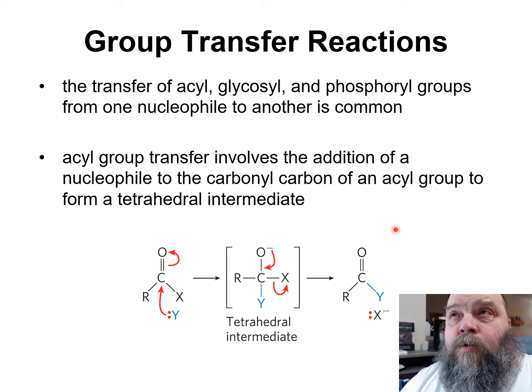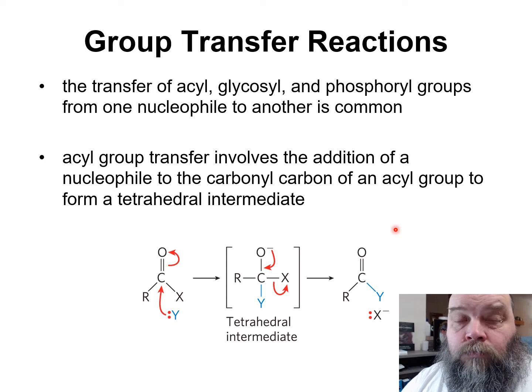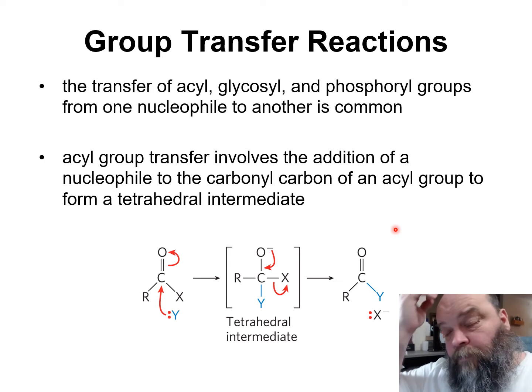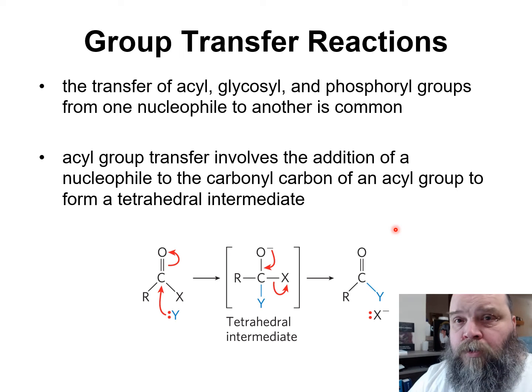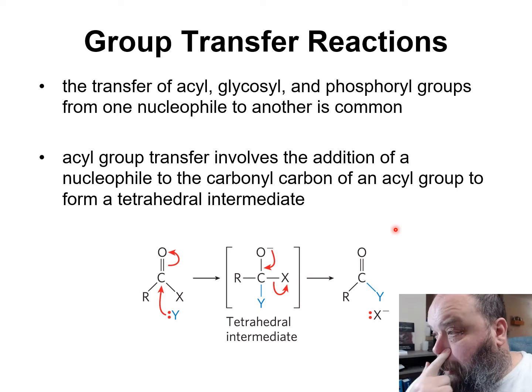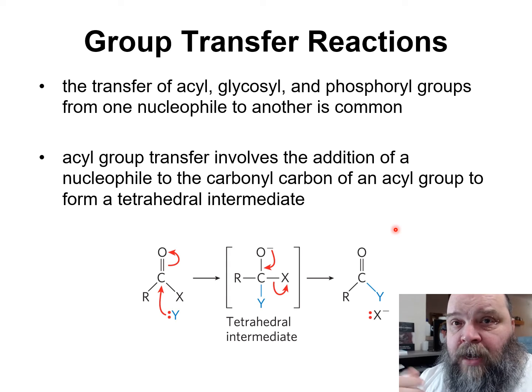Now we also have to have a mechanism for the transference of groups, those functional groups, bringing in a sulfhydryl, bringing in an organic phosphate, bringing in different things. The example shown here, this carbon, part of something, has a carbonyl, double bond oxygen.